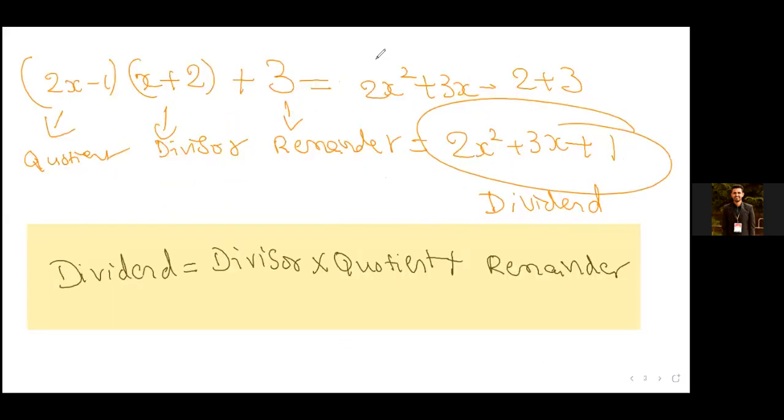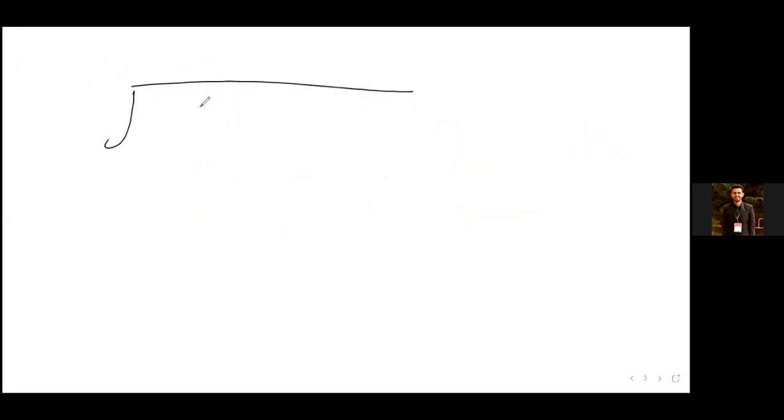That is why we just divide this x cube minus 3x square plus 3x minus 2 with x minus 2, and yes, give me the quotient as well as the remainder. And the quotient obtained is nothing but the g of x. Yes, quickly, I'll give you 3 minutes. Only 3 minutes.